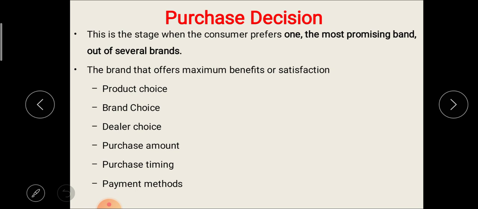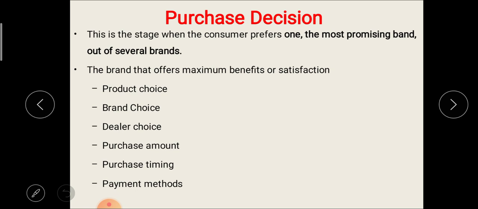And it is also possible that he decides where to buy, that means from an online store, or from a nearby store he can buy that particular computer. So this purchase decision step can be satisfied.